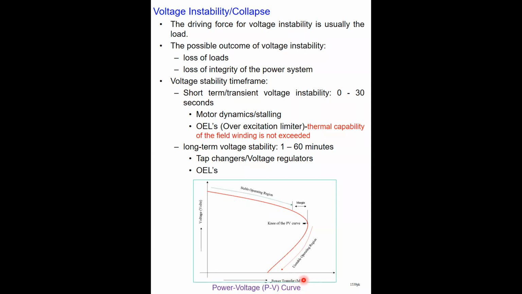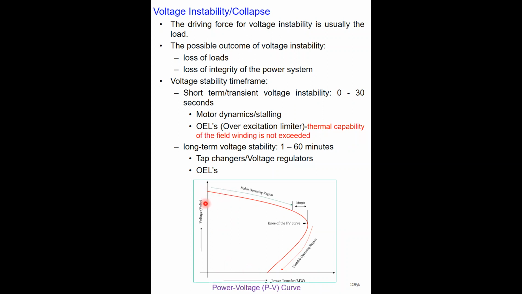If you have a low amount of power flow or loading in the bus, then the voltage can be maintained. But if you go on increasing the load, then the voltage drops. This could be 1 per unit here. As you load the line, or increase the load on the bus, voltage will drop.